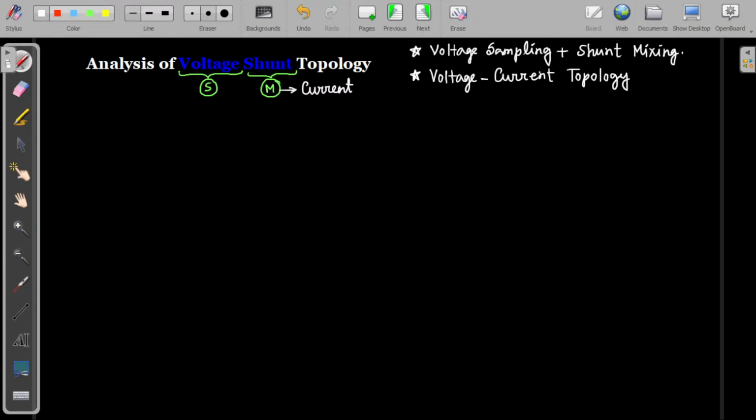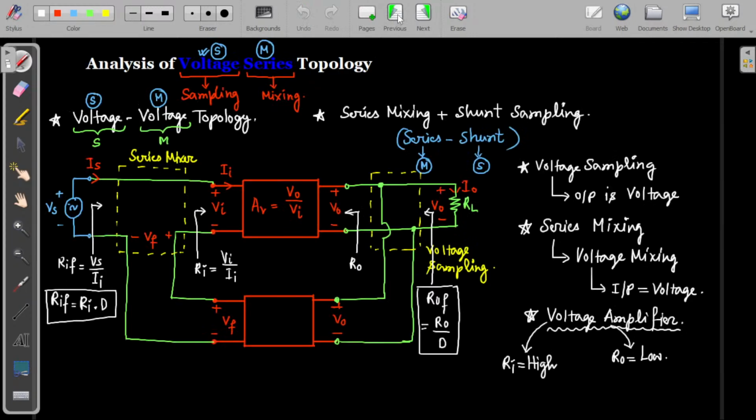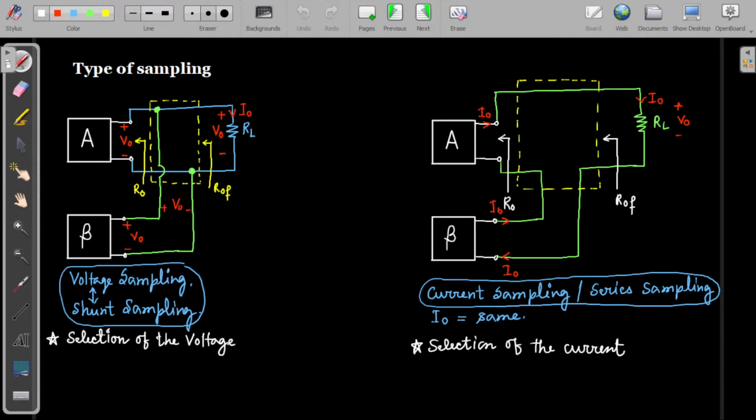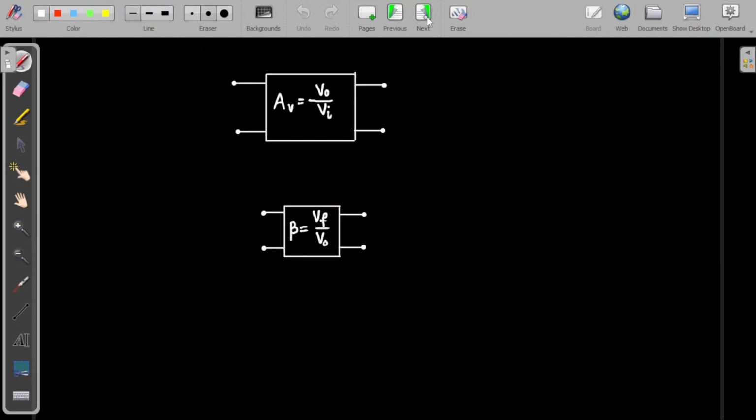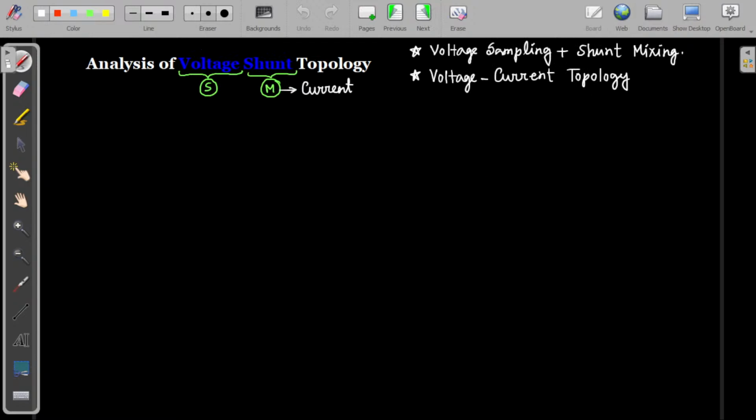Now if you go for voltage sampling, if you remember, for voltage sampling we have to use the shunt connection. So voltage sampling means shunt sampling. That's why we can call this the shunt topology.